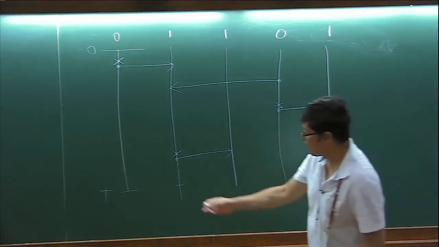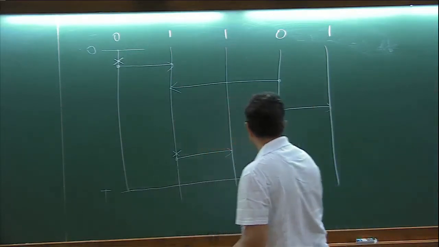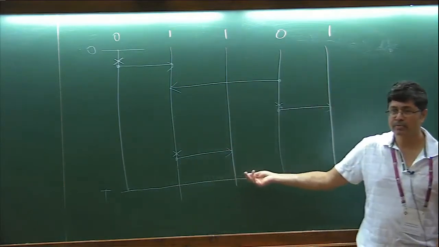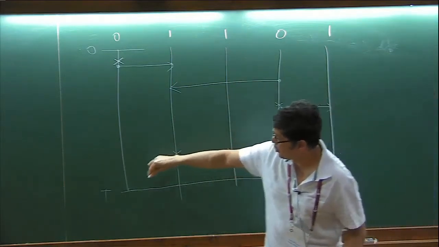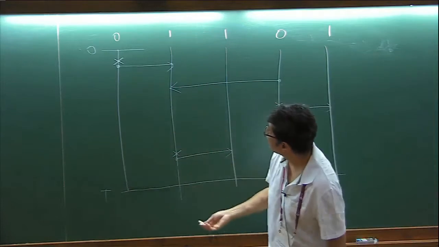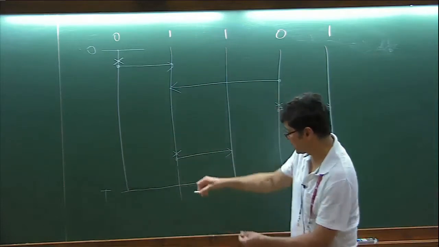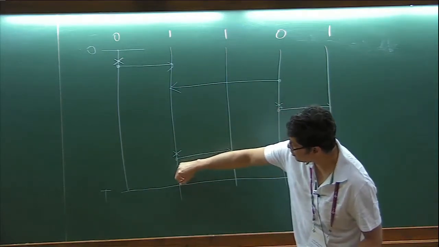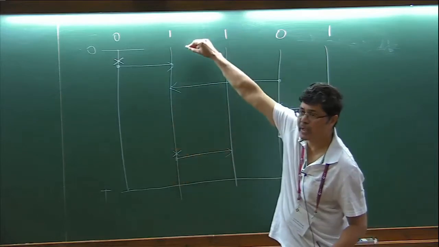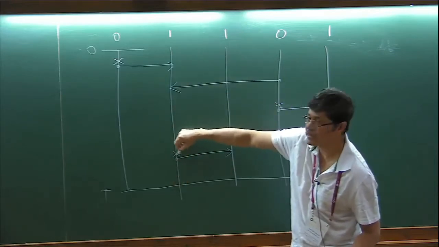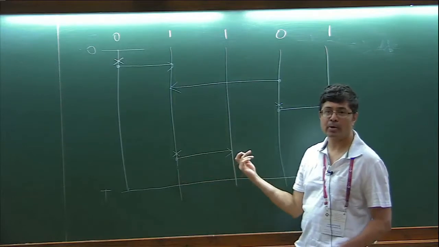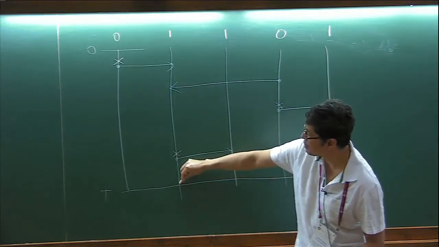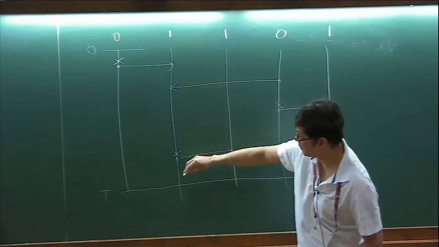I go to this arrow, 1 copied 2, so I don't care what 1 did before this point. Okay, so now if at time T I want to know the states of the different agents, let me do this for agent 2. I go from time T back to time 0. I can't go past a cross, but I can follow arrows. So I try to find a path from here back to there.